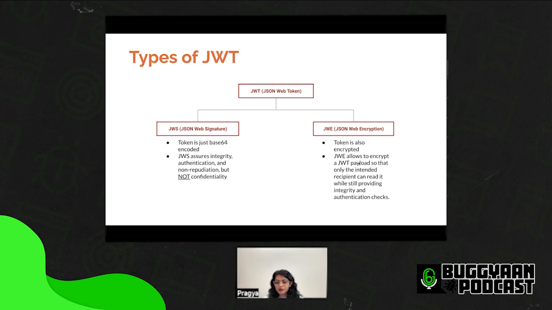It allows you to encrypt a payload so that only the intended recipient can read it. So this JWE also provides confidentiality, which is missing in JWS or JWT. For the rest of the session, I will talk about JWS only, but I may use the terms JWS and JWT interchangeably.